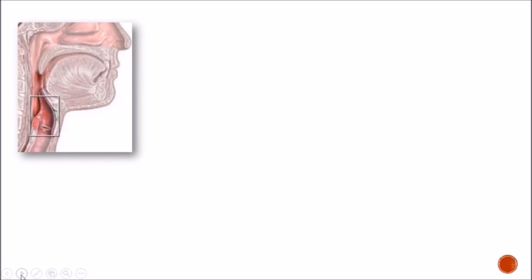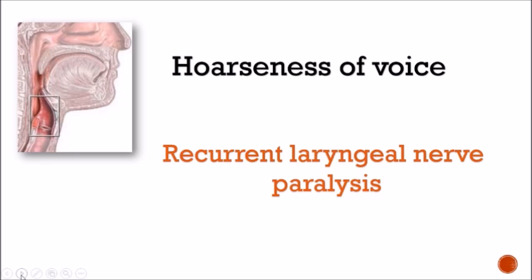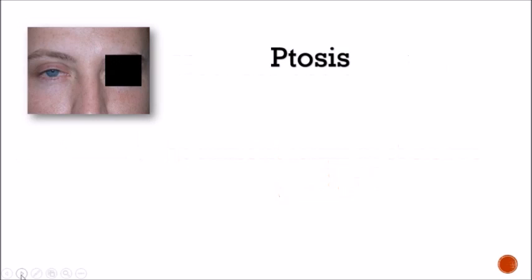Some patients may get hoarseness of voice, and this happens secondary to recurrent laryngeal nerve paralysis. So if the patient in the PACU has some change of voice tone, just remember to reassure the patient that this may happen due to the interscalene block.